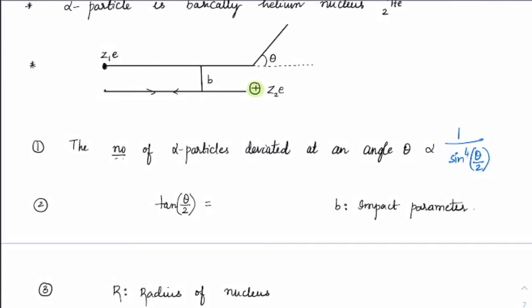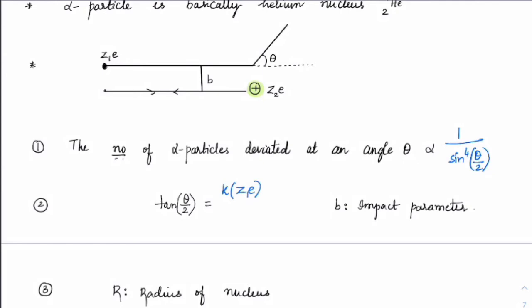Next, tan theta by 2, right? The same thing, tan theta by 2 can be written in terms of the force between this nucleus and this alpha particle. So as this alpha particle comes here, after certain time it has deflected, which means it got repelled, right? So that force of repulsion can be represented in terms of this tan theta. That comes out to be some constant k into Z1e, where Z1 is the atomic number of helium and e is the charge of that helium.